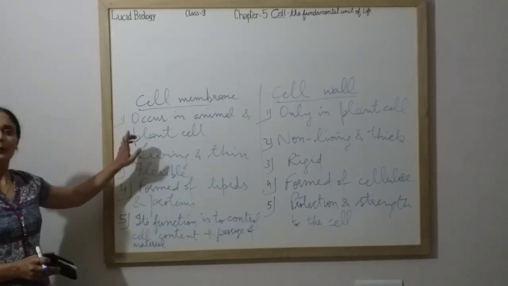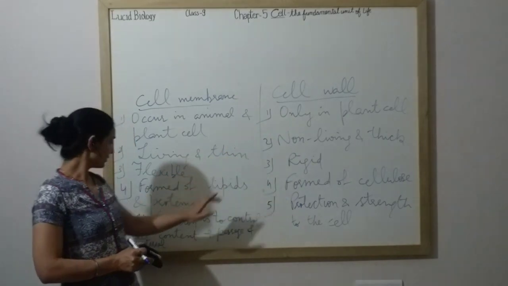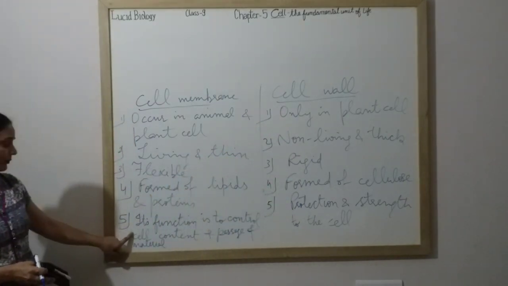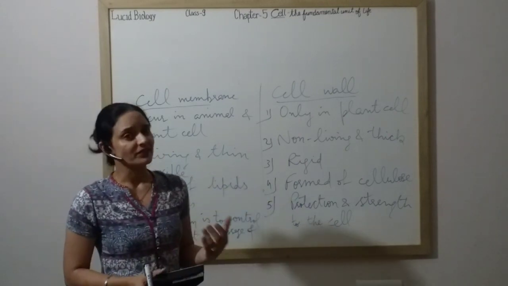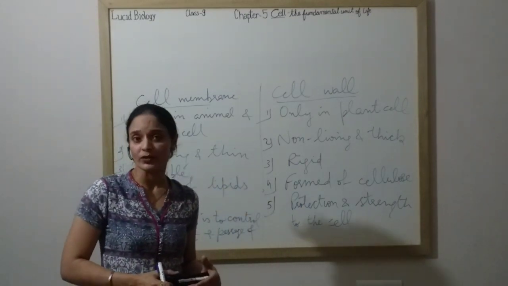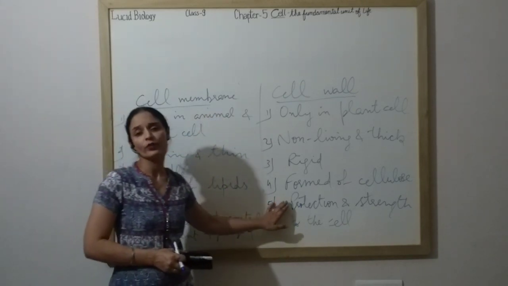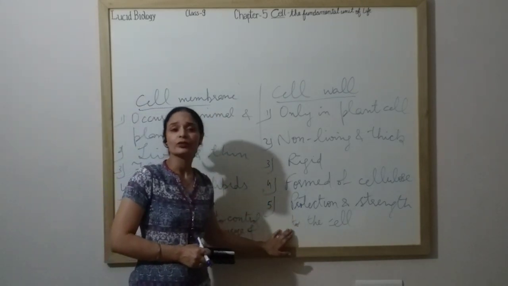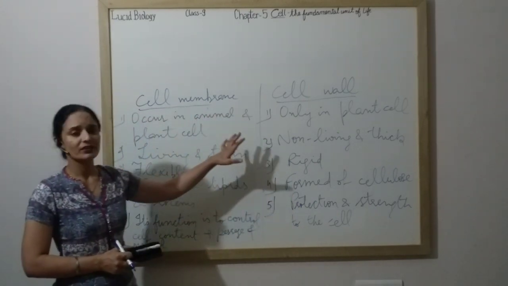The cell membrane is semi-permeable, the cell wall is permeable. The main function of the cell membrane is to control cell content and allow passage of substances by the process of osmosis and diffusion. The main function of the cell wall is to provide protection and strength to the cell. I hope the function of the cell membrane and cell wall is clear to you.